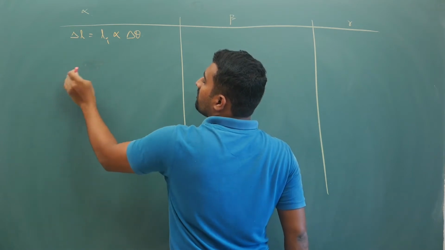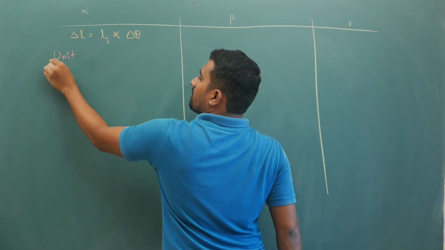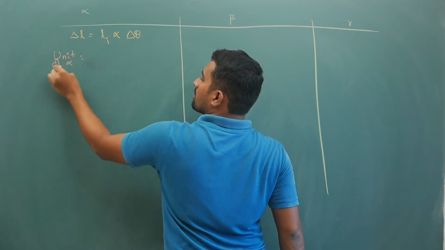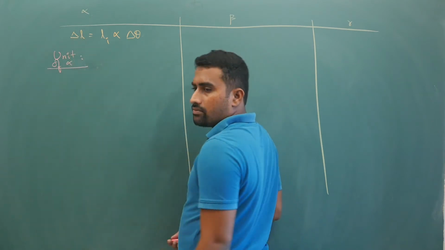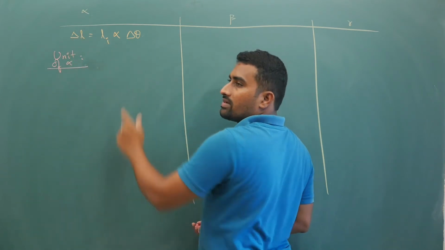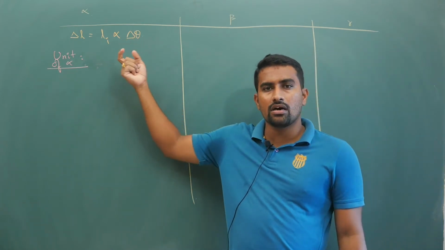First, the unit of alpha. The change in length will have meters, the initial length also will have meters, and the temperature difference will have degree centigrade or Kelvin.